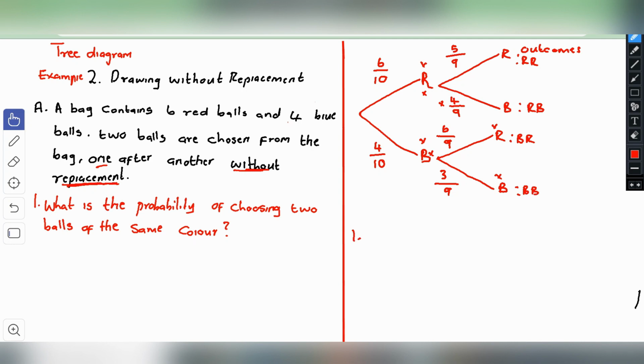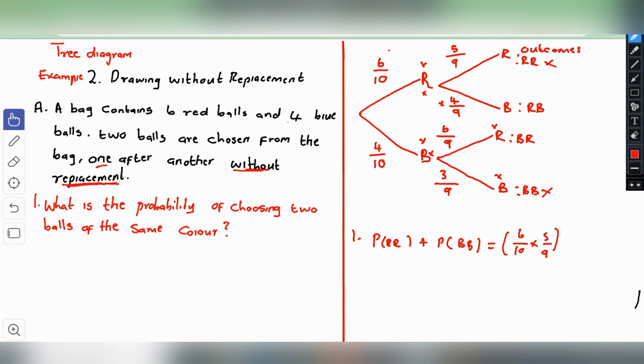So the first question says, what is the probability of choosing two balls of the same color? For the two balls of the same color, we can see that the first one here has two balls with the same color, and also here, two balls with the same color. So the probability of R and R plus the probability of B and B is going to be equal to 6 all over 10 multiplied by 5 all over 9.